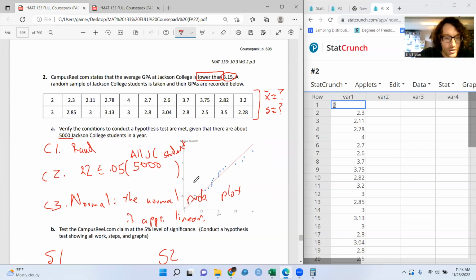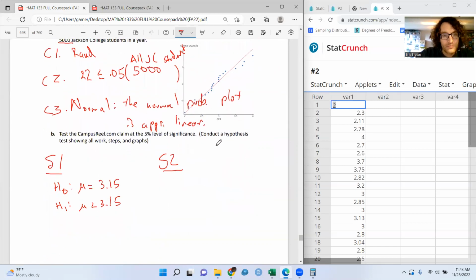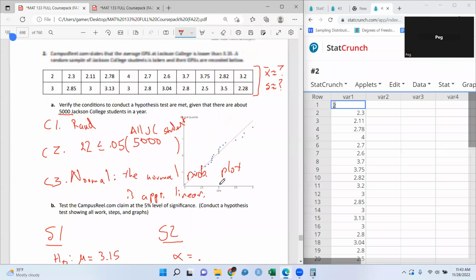Excellent. Okay, step 2. Did everyone get that one right? Yes, but could you just hold on and go back to what you wrote on that table? Because that's where I'm screwing up on the X bar and S. Well, all I wrote is that we don't know it. It is helpful.